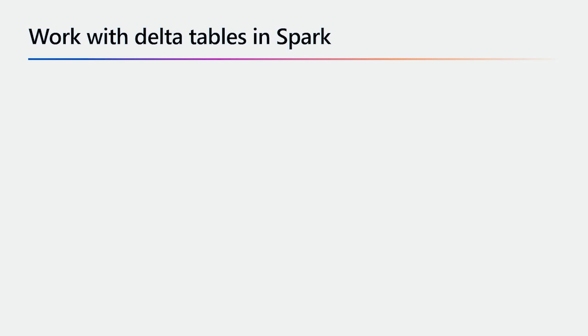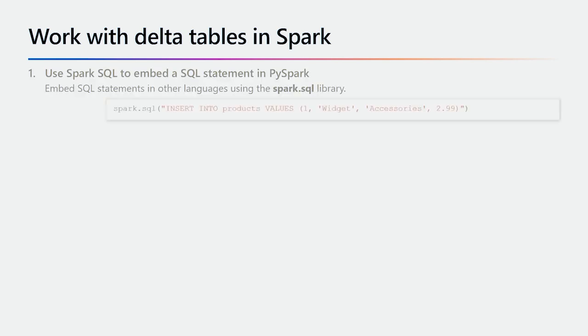You can work with Delta tables or Delta format files to retrieve and modify data in multiple ways. You can use Spark SQL, which is the most common way to work with data in Delta tables in Spark. You can embed SQL statements in other languages that are supported by Spark, such as PySpark or Scala, by using the Spark SQL library.